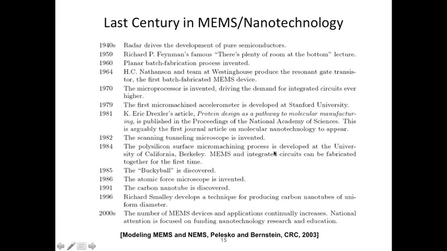It's more about a historical perspective, what was discovered when. The carbon nanotube was discovered in 1991. So it's a very recent discovery. Before that, people just didn't have any information about carbon nanotubes. Then in 1996, Richard Smalley, the same person who discovered buckyballs, developed a technique for producing carbon nanotubes of uniform diameter.